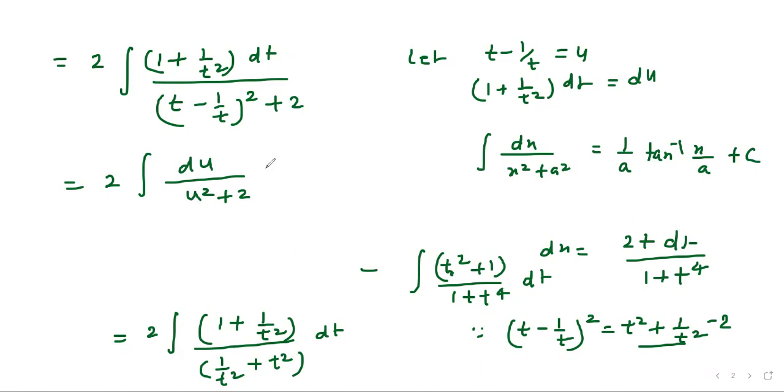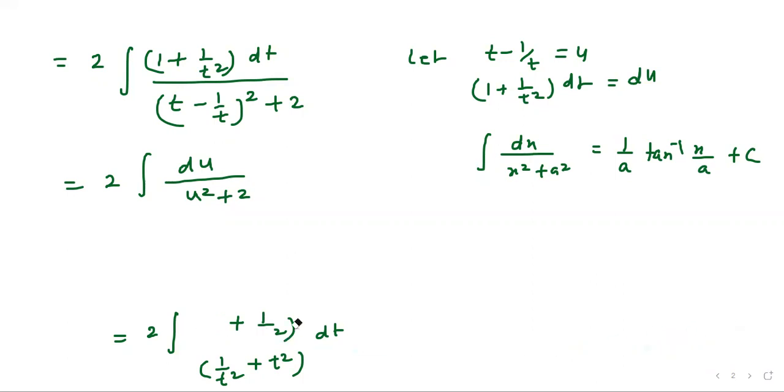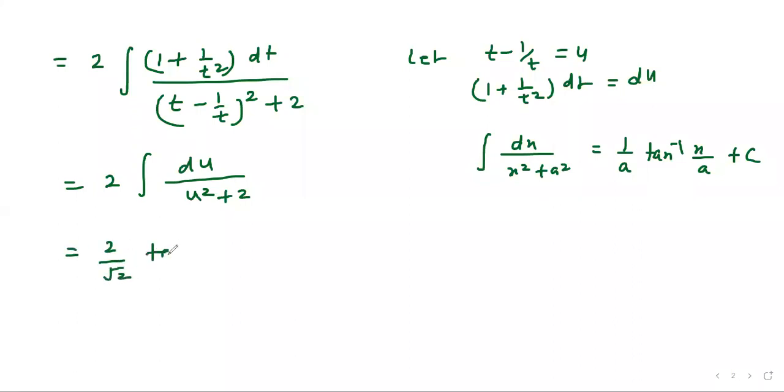So here a will be root 2. So we can write it 2 upon root 2 tan inverse u upon root 2 plus c.